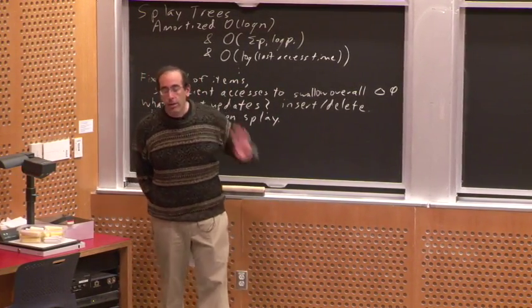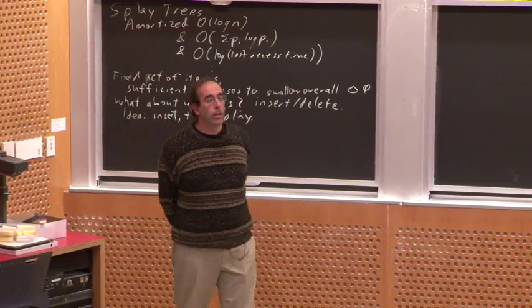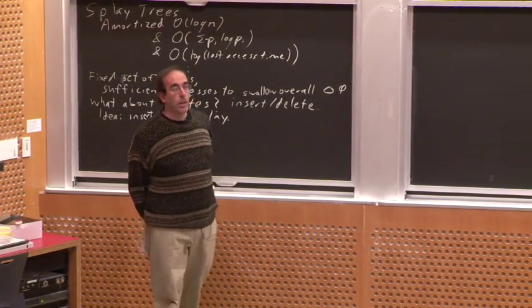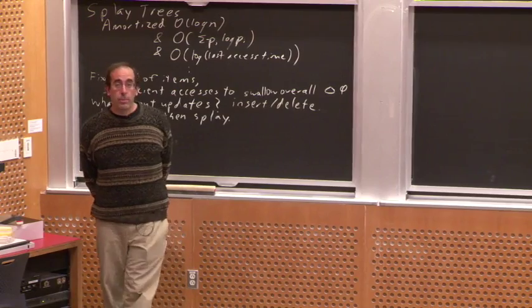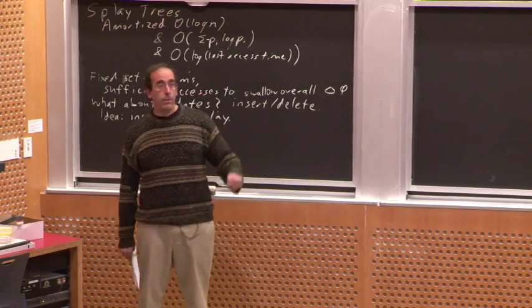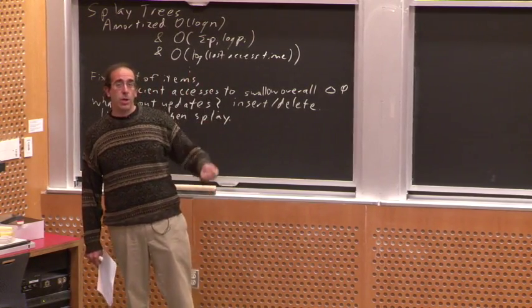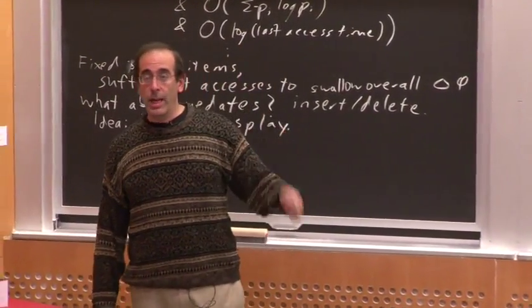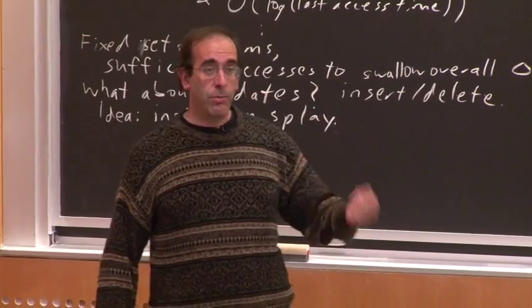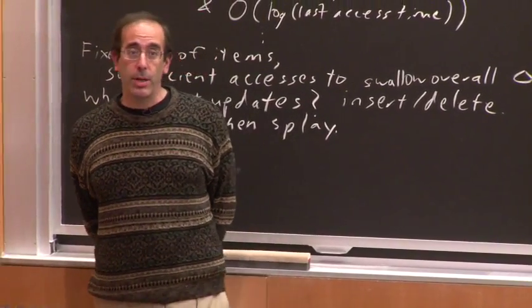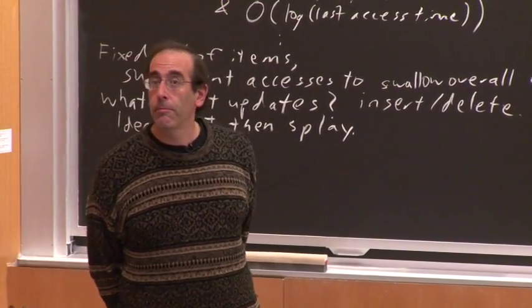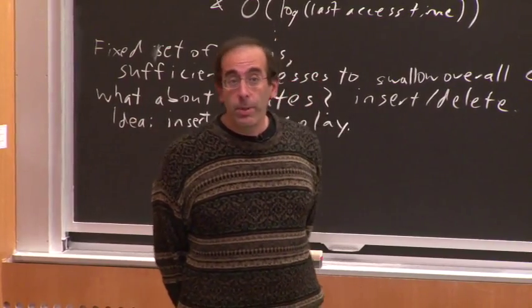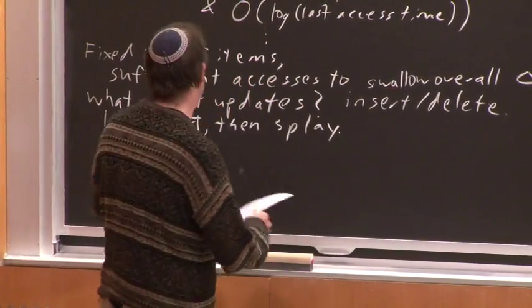Sorry, I can't hear. So the real work will be order 1, but the potential changes. Well, would the real work be order 1? If we just insert and aren't splaying at all, before we even get to the potential, what might that do to the real cost of the operations? It could be as large as n, right?